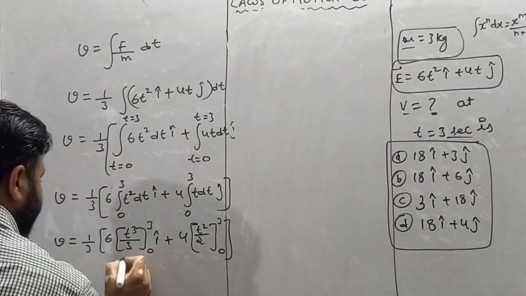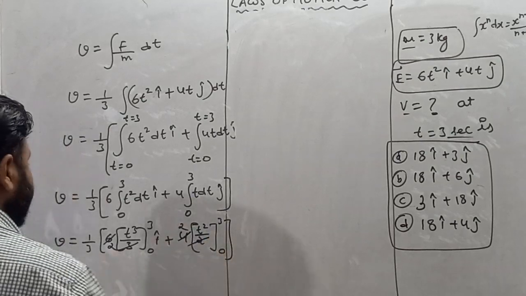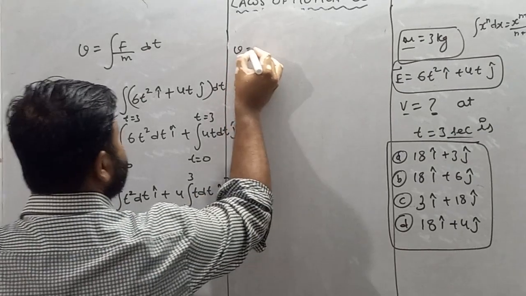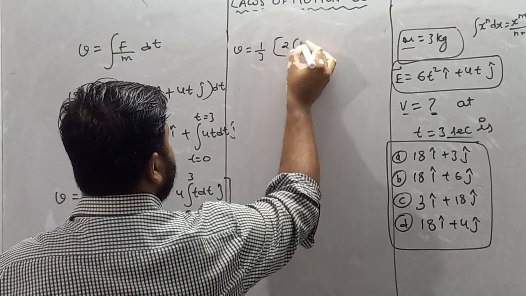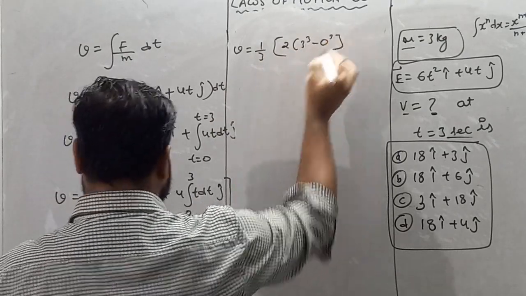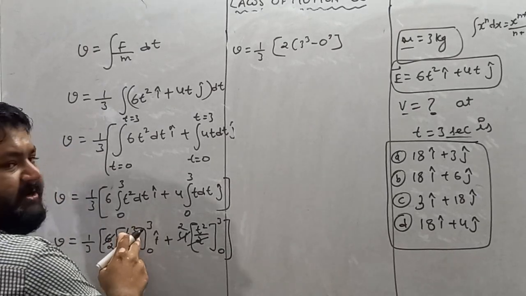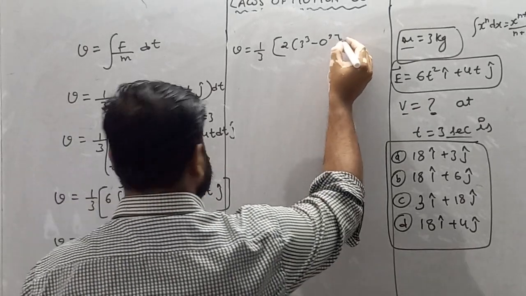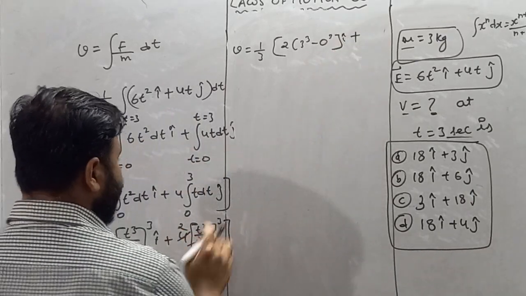So see, my dear students, 3 2s are 6 and 2 2s are 4. So what we'll get? v equals 1 by 3, and it is 2 times upper limit minus lower limit. First we put the value of t equals 3 and then the value of t equals 0, i cap plus we have 2 now.